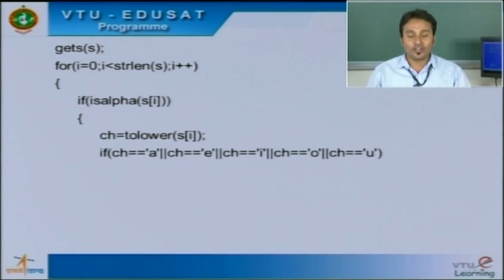If any of our characters matches with the vowels, then the vowel count increases, VC plus plus occurs. Else, since there are no vowels present, obviously the CC will be incremented by 1.